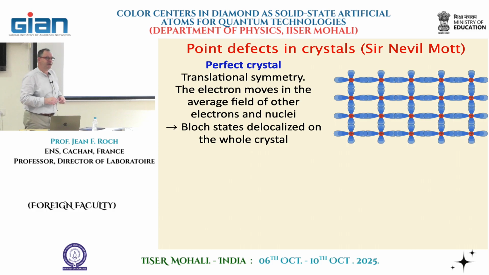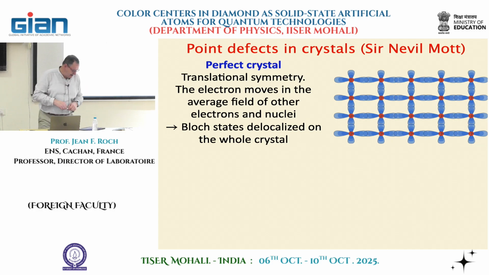And that has been not so easy to find. It's actually the contribution of Sir Neville Mott. If you take a perfect crystal, you have this translational symmetry, and you learn in solid-state physics courses that you have to build a wave function of the electron that is compatible with this translational symmetry.